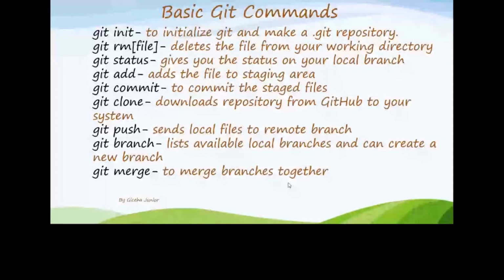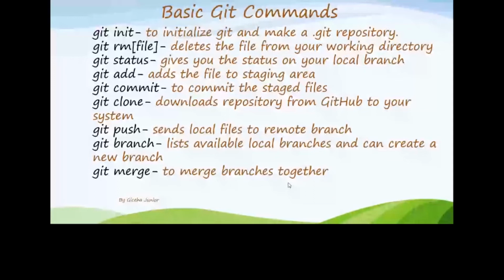It's just saving a local file or a local project to a certain branch of a certain repository on your GitHub. Then we have Git branch, which lists local branches. This is a command where you list all the branches.